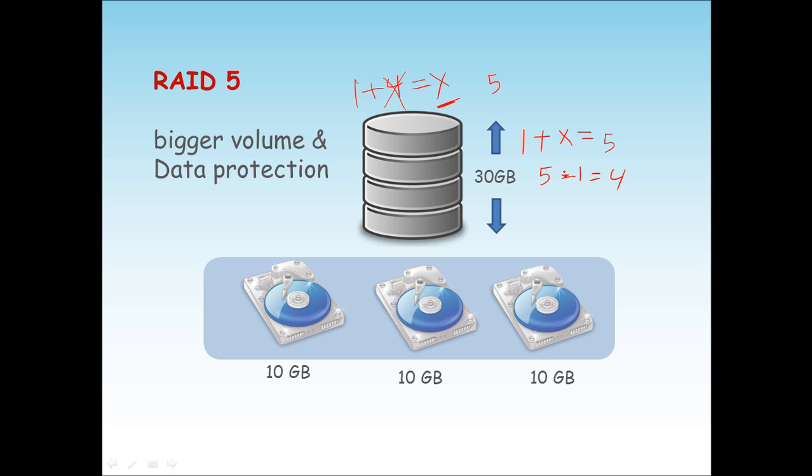If we have 3 drives configured as RAID 5, and for example we want to write this data A, B, C, D, E, F. So you will write A in the first drive, B in the second drive, and generate parity in the third drive.